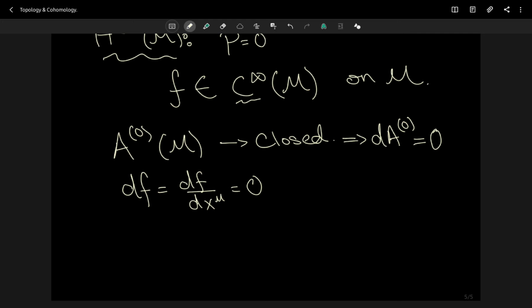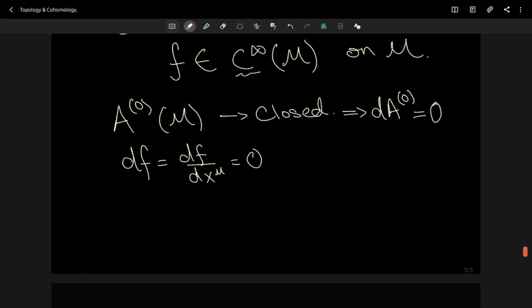However, if M is composed of disconnected pieces, let me draw that here for you. Say we have space M, let's consider this dotted line our space M, and in this space you have some disconnected pieces of M. Let me use a completely filled line, something like this.